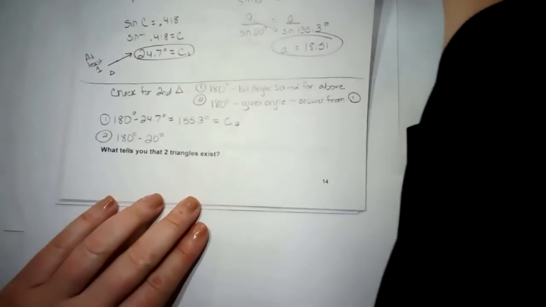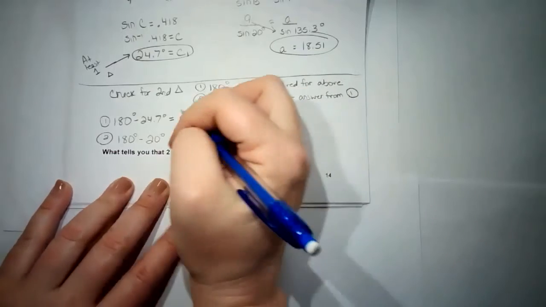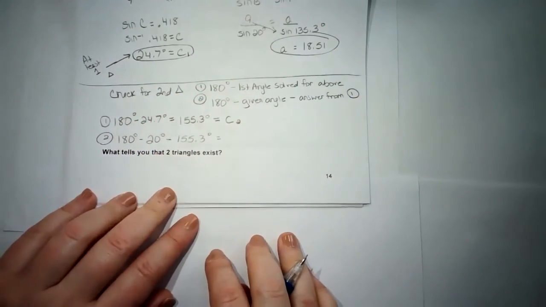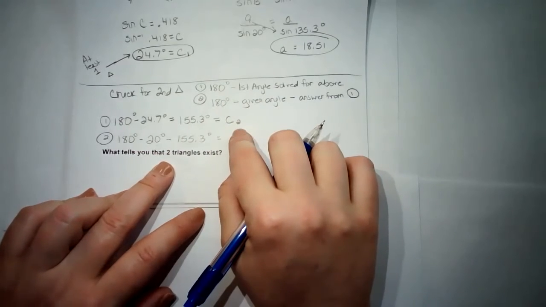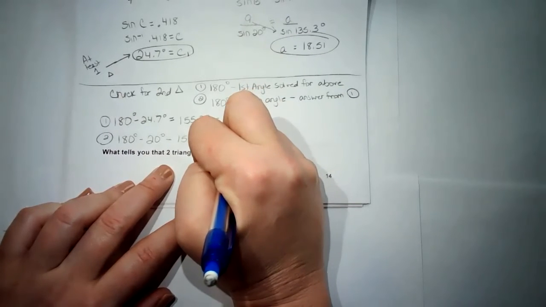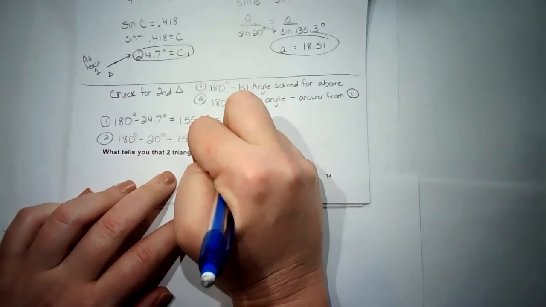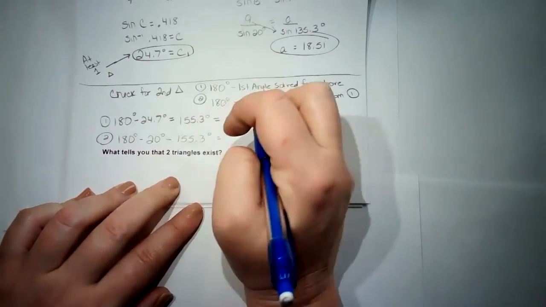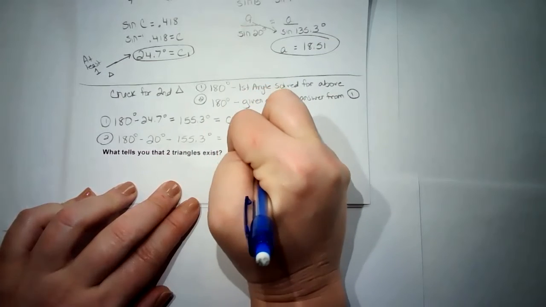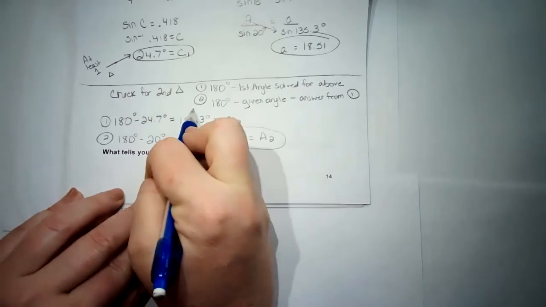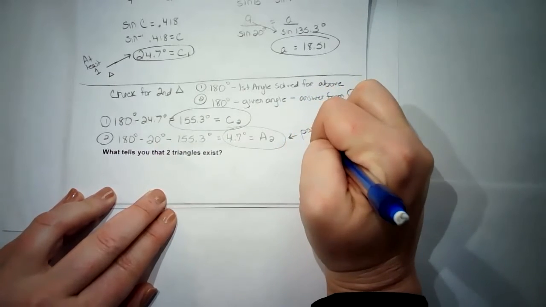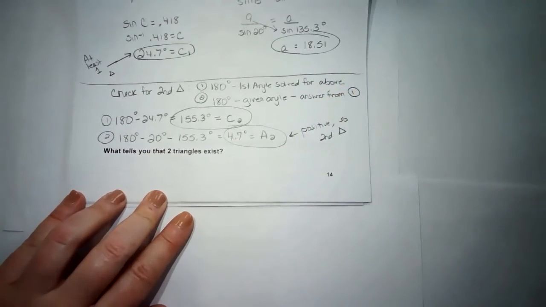That's where I got that from. Okay. Minus the answer from number 1, which is 155.3. Okay, so this is C for the second triangle. We were given B, so this would be angle A for the second triangle. If it comes out positive, you have a second triangle. If it's negative, you don't. So when I do this, it turns out, sure enough, it's tiny, but it is an angle. So we have a second triangle. Okay, that's how it works.